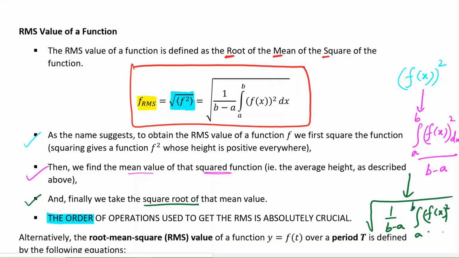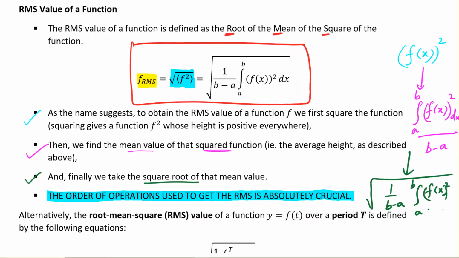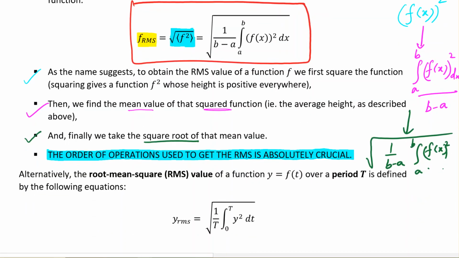As we have seen, the order of operations used to get this RMS is absolutely important. There are different ways of writing this formula. Sometimes if you're talking about a periodic function, we can write the root mean square value of a function over a period of T. So instead of b minus a, we write 1 over T, and because it has a period of T, it starts from 0, so the integral from 0 to T of y squared dt, and the square root of this whole thing.